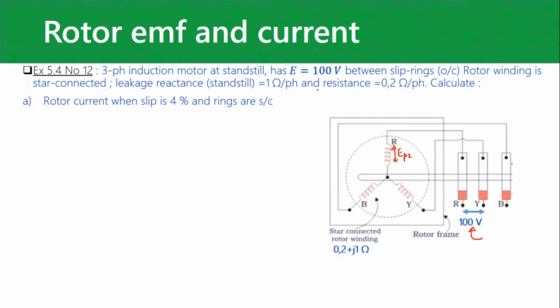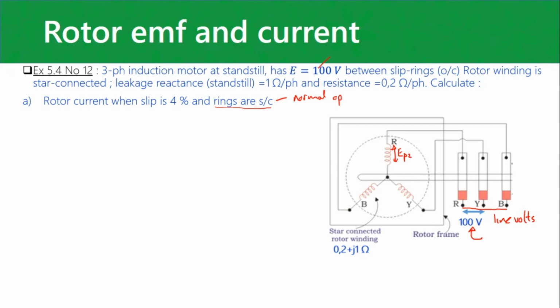That's what they're saying. Okay, but of course, for this induction motor to work, we would then have to short circuit these slip rings. When they say rings are short circuited, that means normal operation. It's just a way of giving you EP2. So they give you this line voltage here. All right, it's 100 volts. Okay, we'll come back to that.